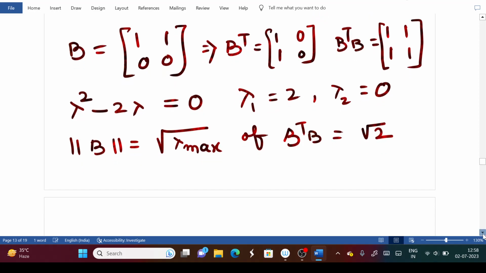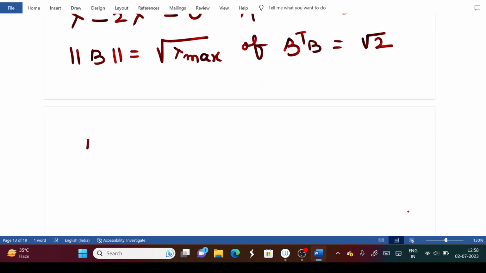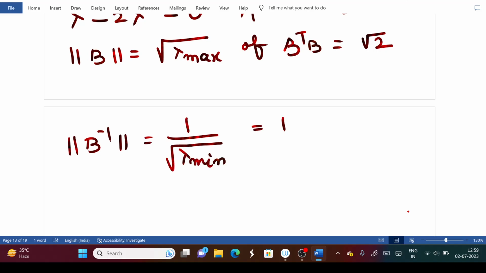And norm of B inverse is 1 upon the square root of lambda min, that is 1 upon square root of 0, that is infinity.